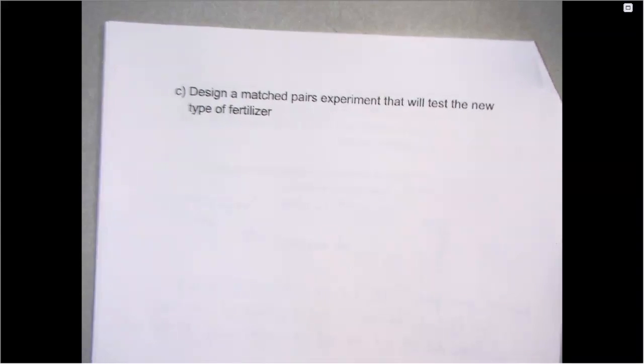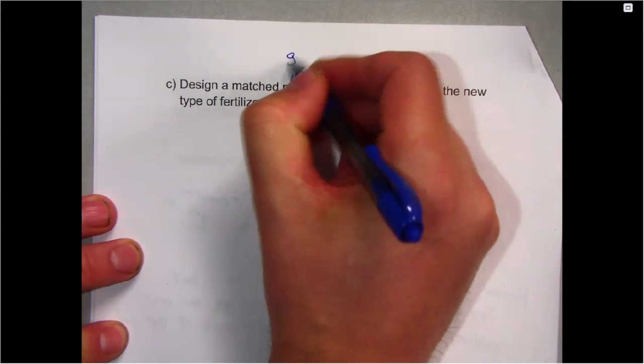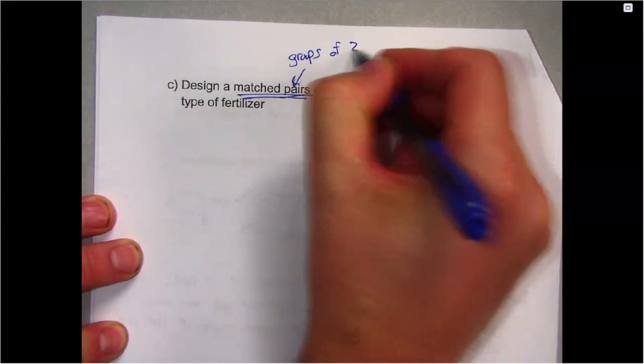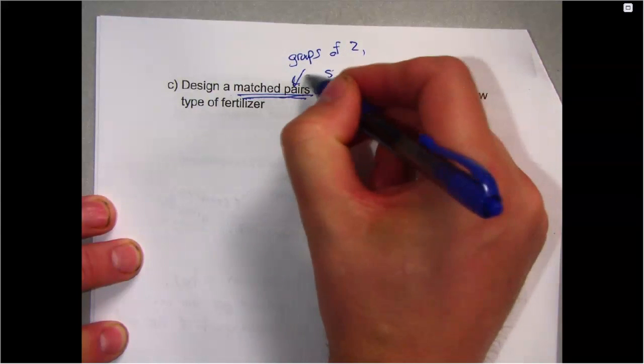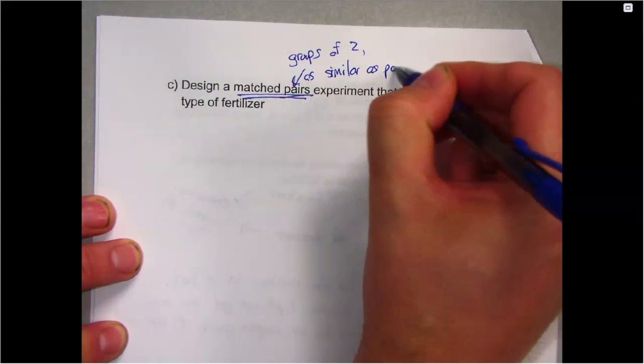Okay. And then the third kind is matched pairs. So we've got 100 plots of land. Matched pairs means we want groups of 2, and I want these groups of 2 to be as similar as possible.